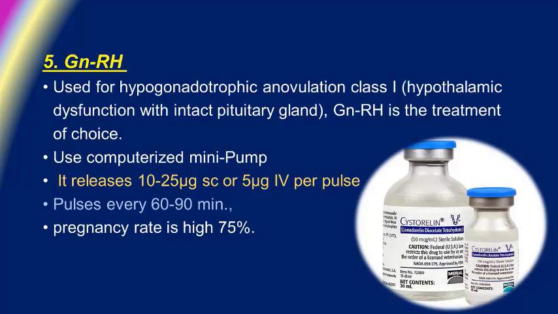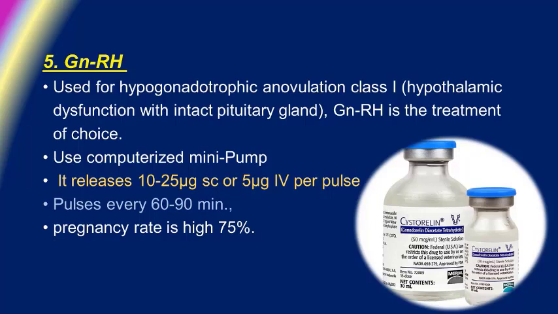How do we give it? We must give it in a pulsatile manner, like the natural or endogenous GnRH. Naturally, GnRH is secreted from the hypothalamus in a pulsatile manner, not continuous. Also, the gonadotrophins from the pituitary gland are secreted in a pulsatile manner.